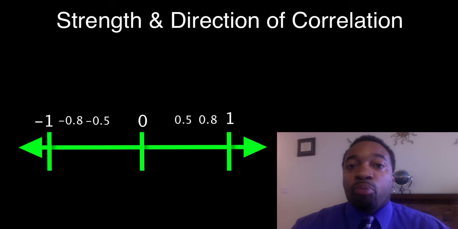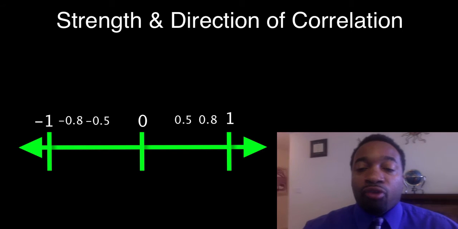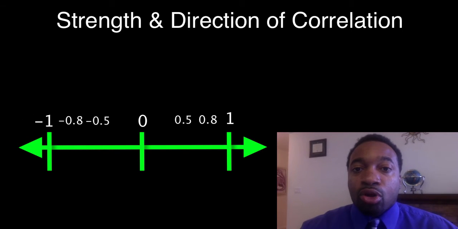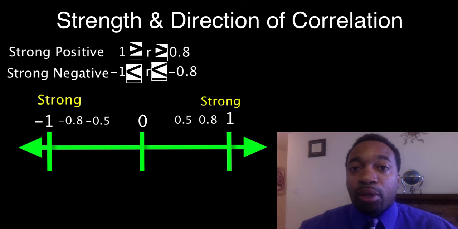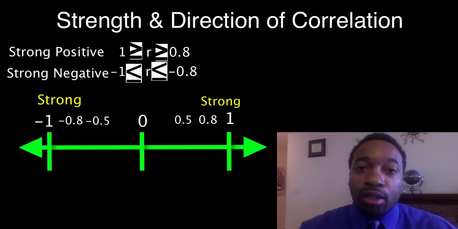So there are also generally accepted cutoff points for strength. So once we reach 0.8 to 1, now we're saying that's a strong correlation. So it can either be positive 0.8 to positive 1, that would be a strong positive correlation. Or if we had negative 0.8 to -1, that'd be a strong negative correlation.